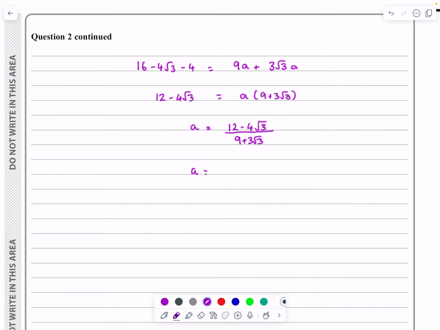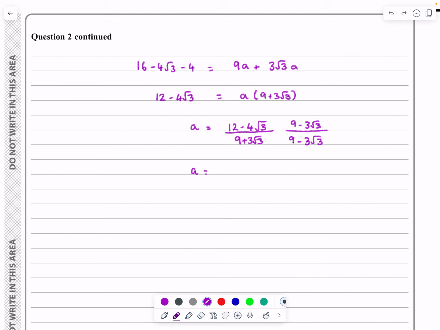What I'm going to be doing then is now rationalising this denominator on the bottom. So I need to times by 9 minus 3 root 3 here, which means I'm going to times top and bottom by 9 minus 3 root 3. So if I do that then, this times this, this times this, this times this, and this times this, we'll do all that in a second.